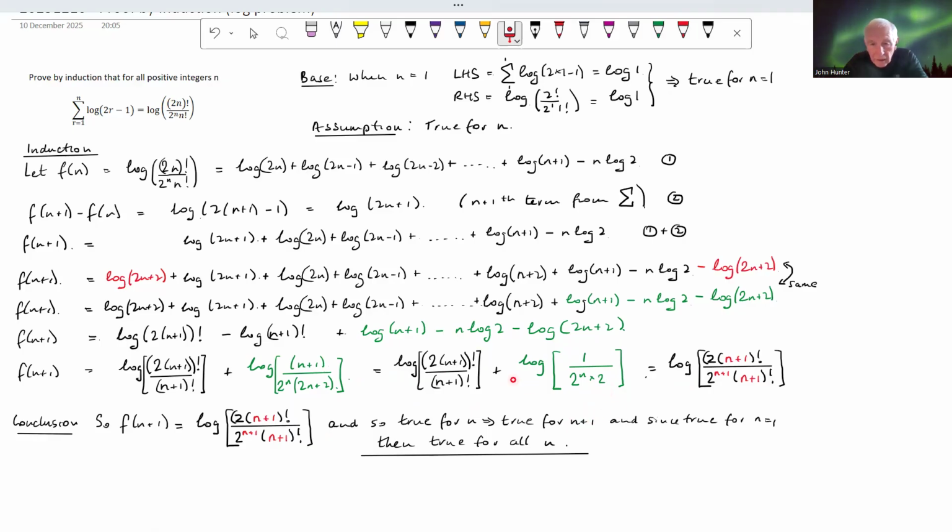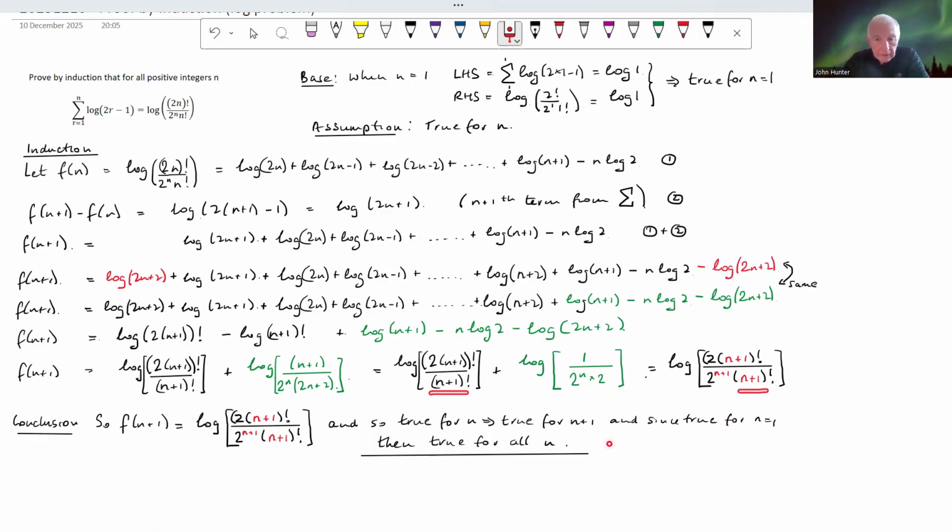And then if we merge these two, again using the log rule, we've got the product of this and this. So when we roll these two terms together, we've got the numerator there, that's that, and we've got 2 to the power of n plus 1 there, and then we've got our n plus 1 factorial from there.